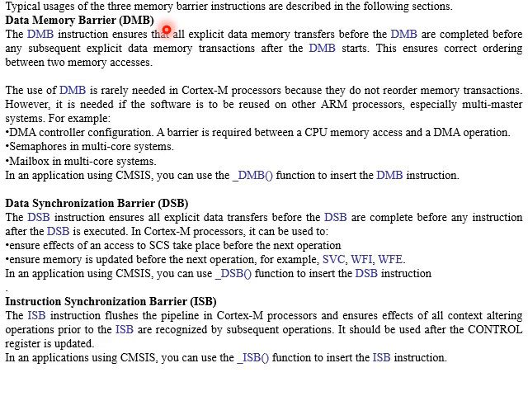So DMB acts as a data memory barrier so that it ensures that all the explicit memory accesses that appear before the DMB instruction in program order are completed before any explicit memory access that appears after the DMB instruction.